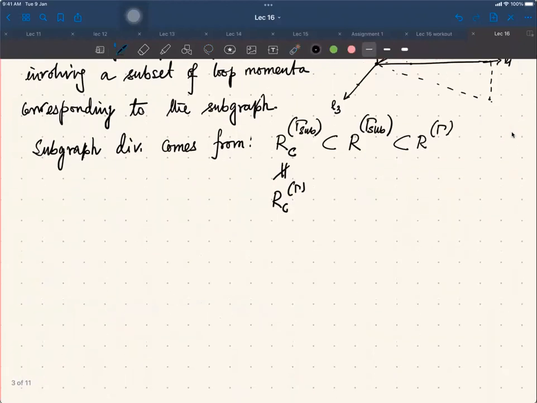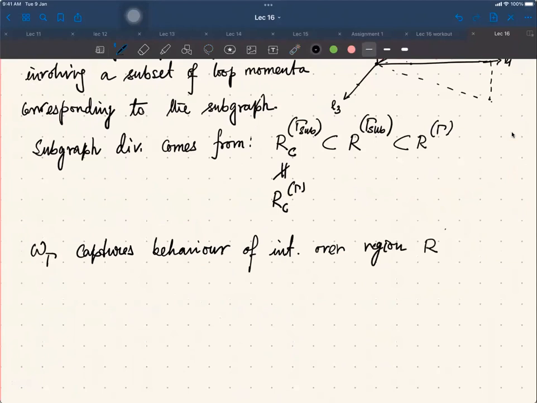So the statement is that omega gamma captures the behavior of integration over region R gamma C, and that behavior in this case is convergent.